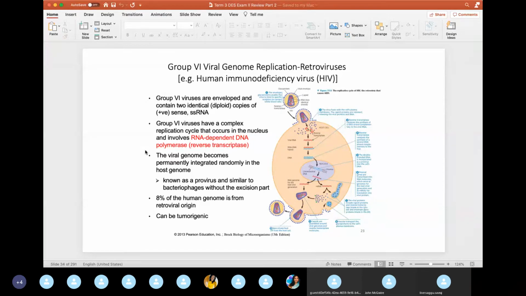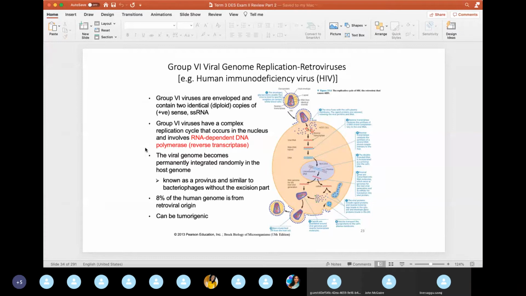So this double-stranded DNA is incorporated as a provirus into the host cell. And then these are transcribed to RNA molecules, and then it can infect other cells via exocytosis. I think that's for next term or term 5 for the HIV replication cycle.